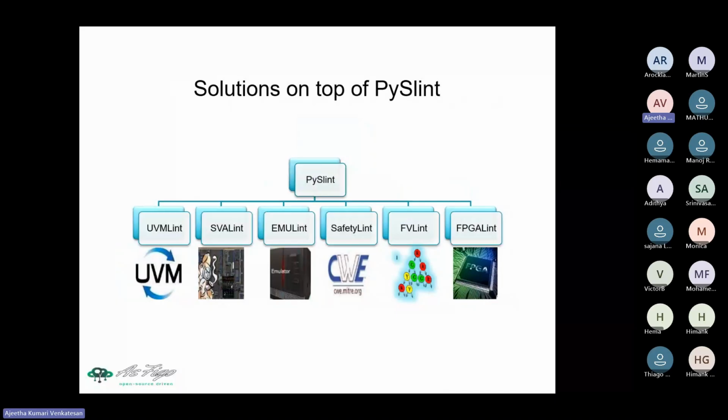And of course, when we talk about system level assertions, then formal. We have the formal verification lints as well. And then the obvious question is, all this is meant for ASIC. What about FPGA? We do have FPGA lint. What is applicable in ASIC may not be really suitable for FPGA, or you need very specific FPGA rules that you want to check. That is feasible using our FPGA lint.